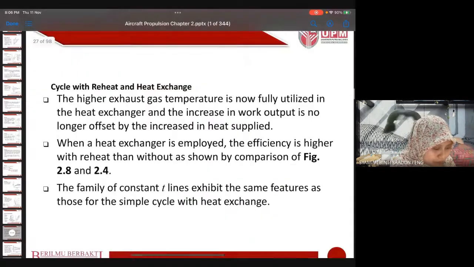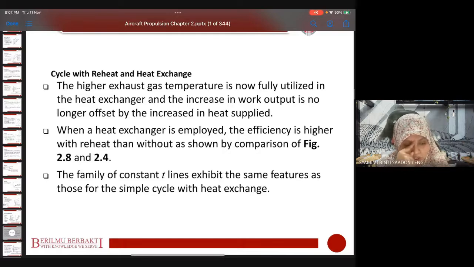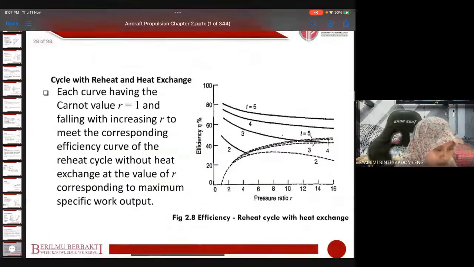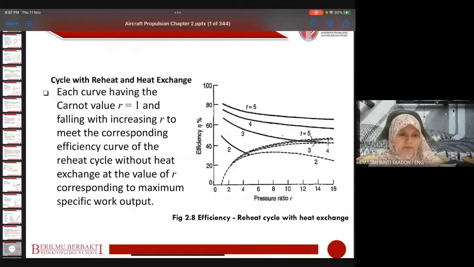When a heat exchanger is employed, the efficiency is higher with reheat than without, as shown by comparison of figure 2.8 and 2.4. So this one, the figure 2.8.